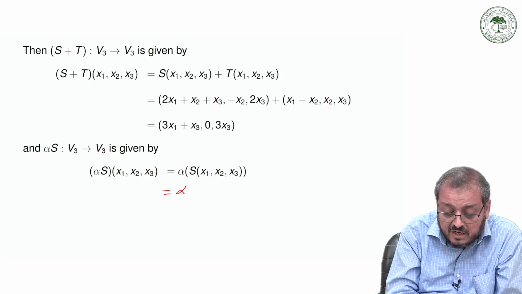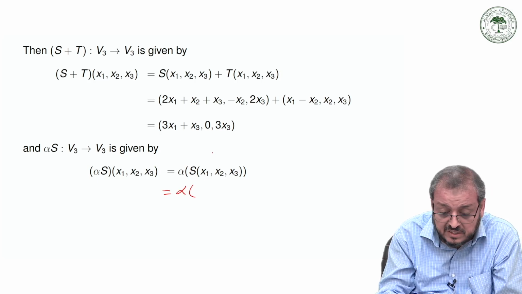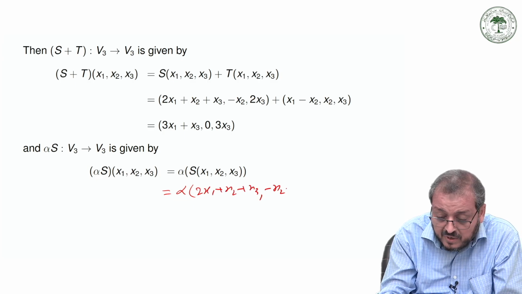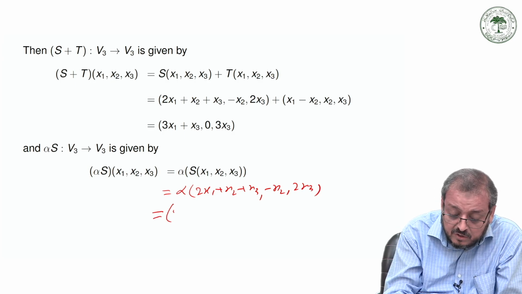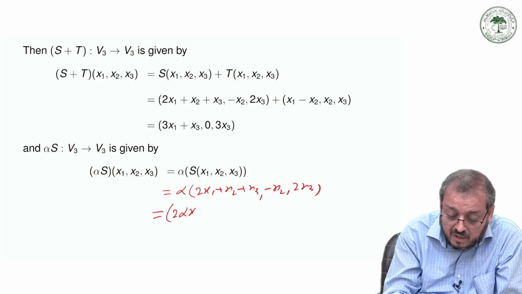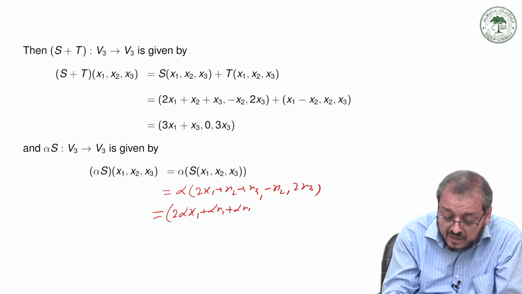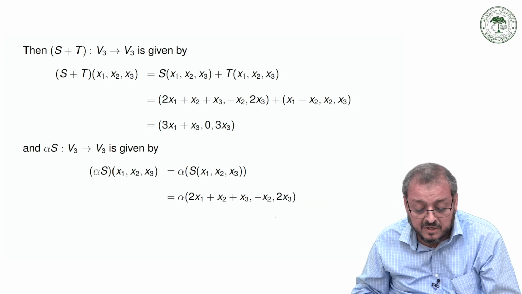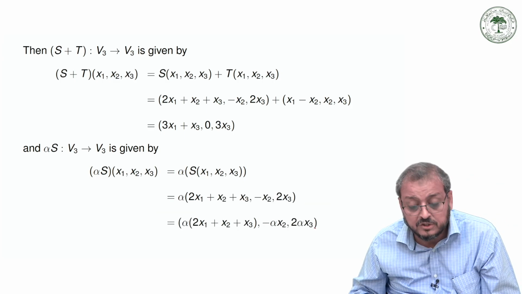So, alpha times s is 2 x1 plus x2 plus x3 minus x2, comma twice x3, and this is equal to 2 times alpha x1 plus alpha x2 plus alpha x3 minus alpha x2, twice alpha x3. This is the scalar multiplication in this form.